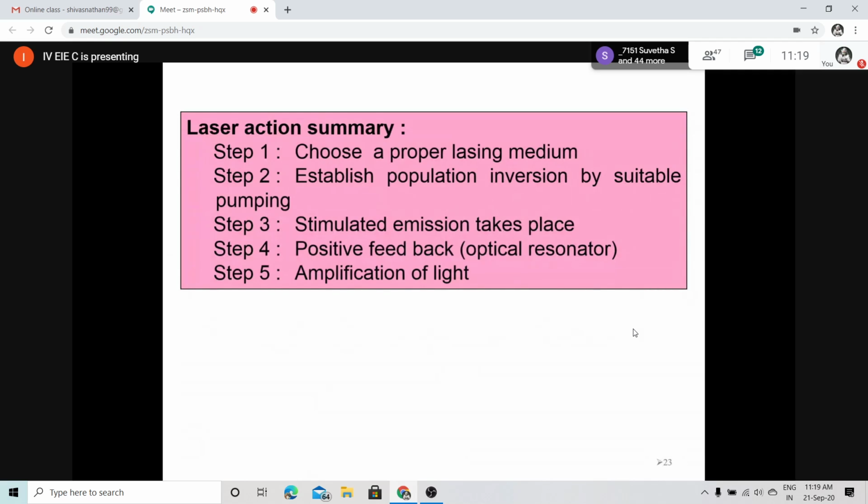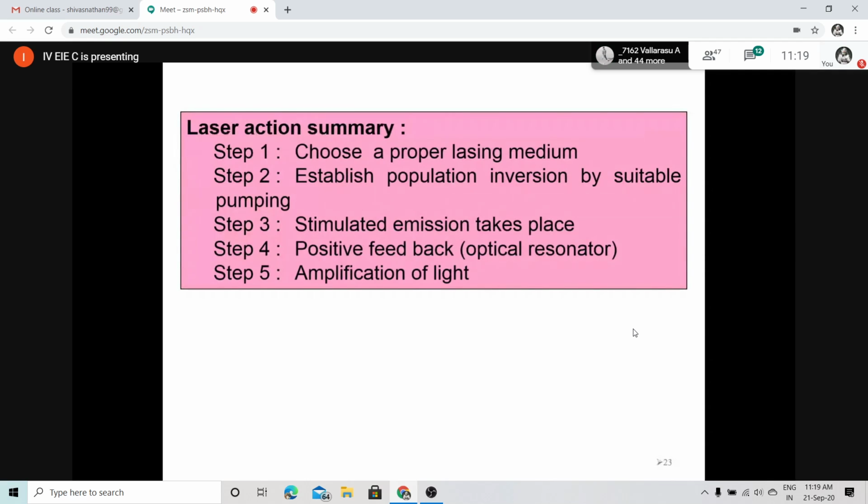Clear? So the difference we are going to create here is that the pulsed output we obtained previously will be rectified to produce a continuous output. So the output of the 4 level laser will always be continuous. Reason: in a 3 level laser, population inversion is achieved after pumping.